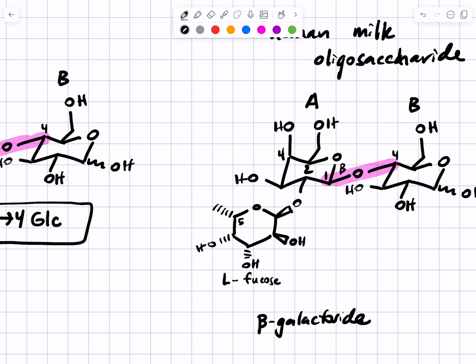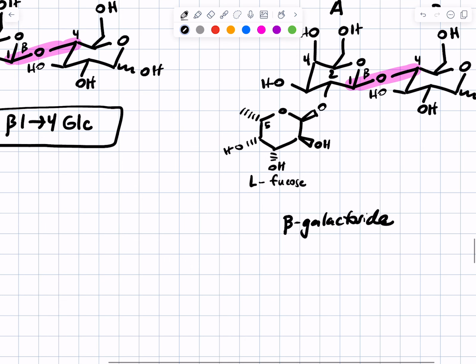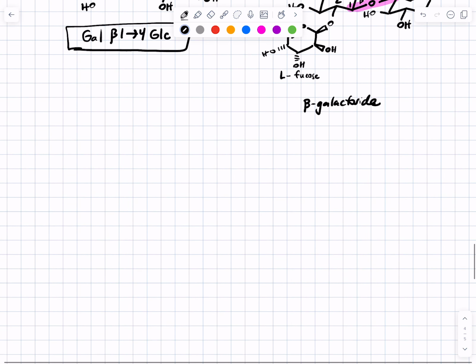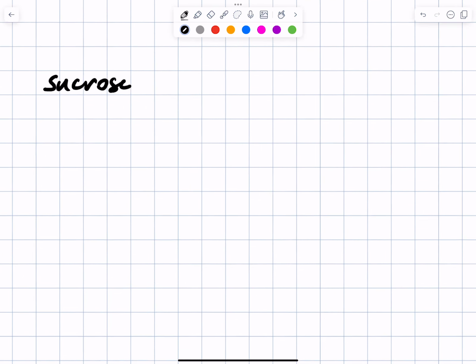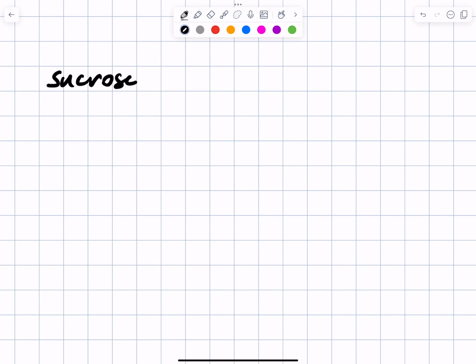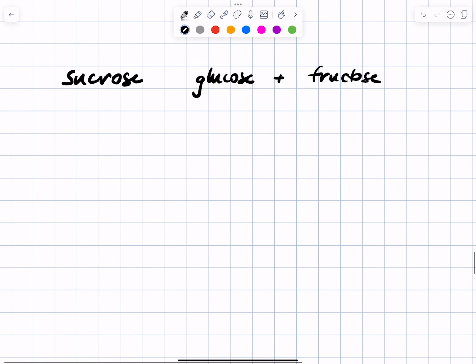I ought to show you the structure of table sugar. So as was alluded to earlier, sucrose is a disaccharide of two subunits, glucose, which you've seen before, and fructose, which you haven't. Fructose is a regioisomer of glucose, not a stereoisomer.